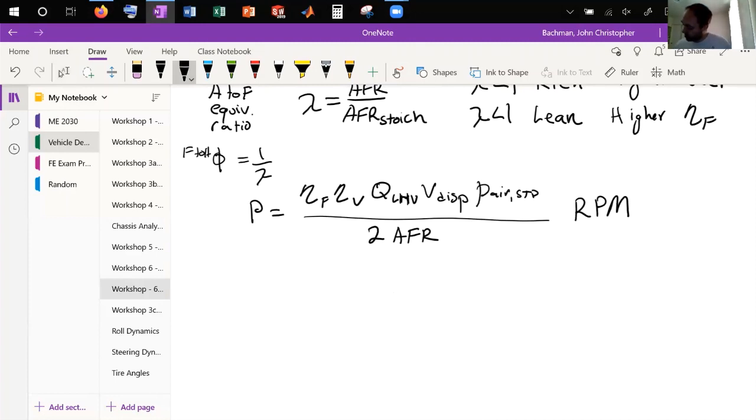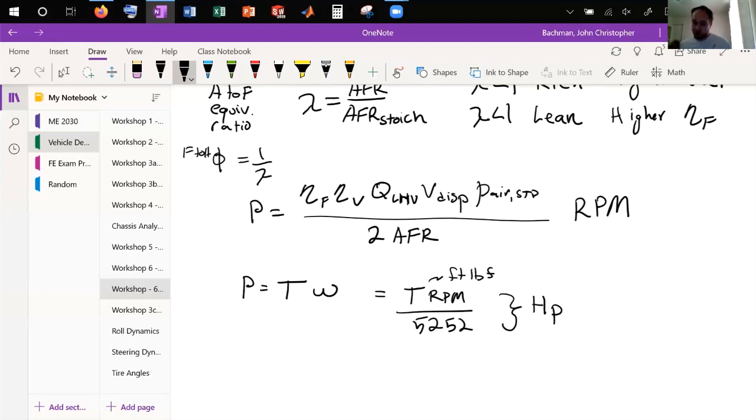We also know our power is equal to our torque times omega, the rate at which it goes, which in English units you usually see as torque times RPM over 5252. If you put this in foot-pounds force, it will give you units of horsepower. So that's why you'll typically see this.